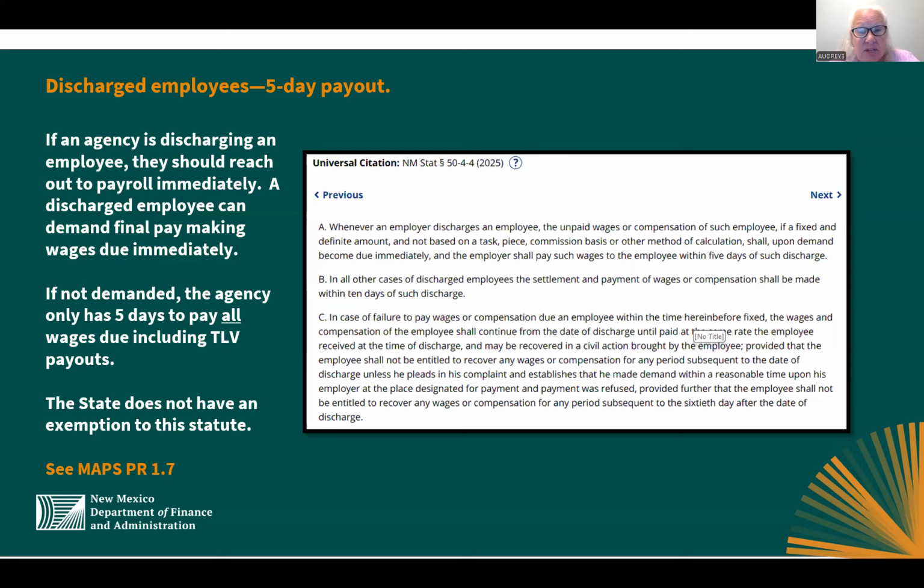Now, does that mean that the agency may be paying for 15 or 20 minutes that the employee wasn't even on premises? That's entirely possible, but that is going to be a lot cheaper than being hit with a failure to comply notification on this 5-day payout rule.